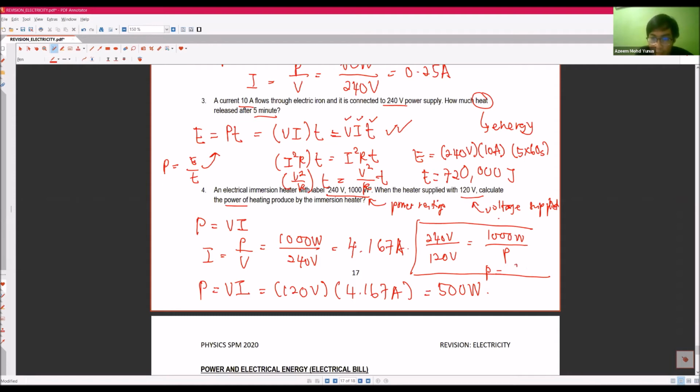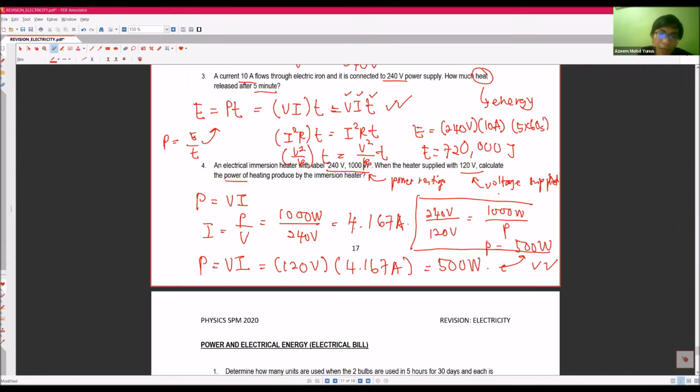So we still get the same answer. Or you can say that if supplying 240 volt gives 1000 watt, then if we supply half of 240, you're going to produce half of 1000 watt, which is 500. So that is the concept of power rating.